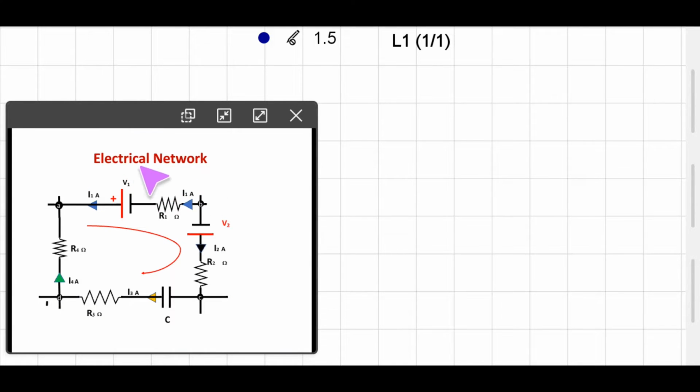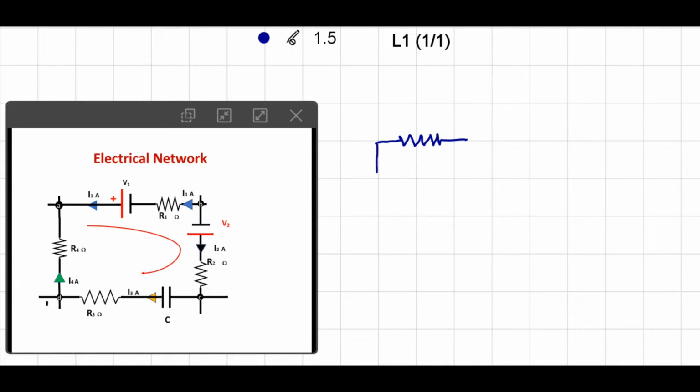So see what is electrical network. Here the electrical network is shown. Before studying we should understand a basic component which we are going to use for study, that is a resistance.